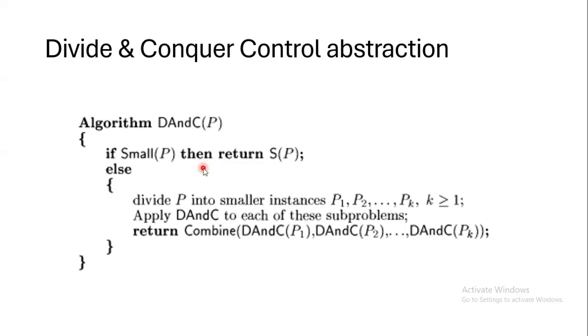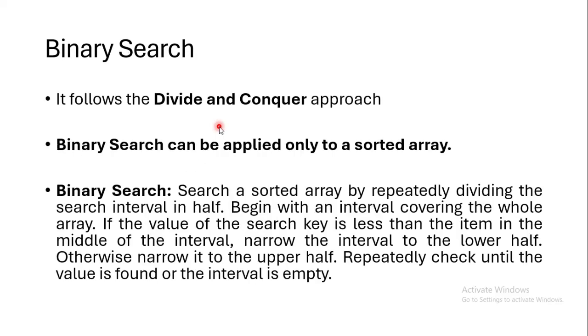Once we are able to get the solution of the small problem, we combine the sub-solutions of all the subproblems together to get the solution of the bigger problem. So this is how the divide and conquer strategy works, and binary search follows it while implementing.